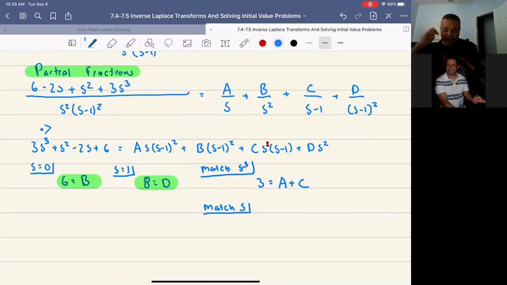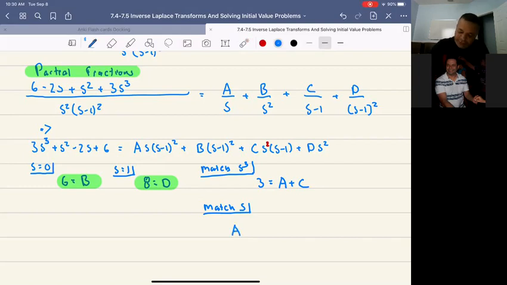Now, let's be very careful here. Which terms are going to have s to the 1? Let's think about what happens when we multiply this out. This is going to be s times s squared minus 2s plus 1, so this one's going to get just an s. When you square it and multiply by s, it's going to be s cubed minus 2s squared plus s. So you're going to have a there.